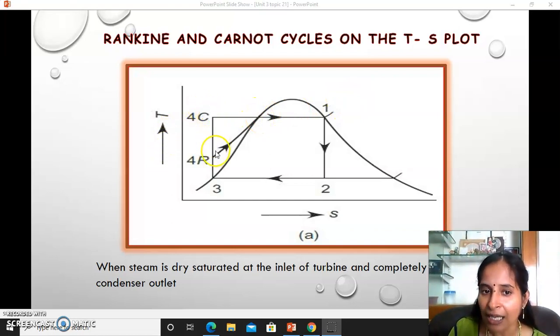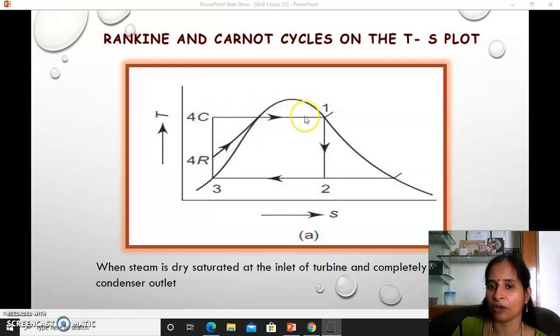Here in the Carnot cycle, since it is a constant temperature, constant pressure line, the amount of heat supply would be lesser, and the amount of steam would be more. Here they differ, while these three processes are the same for both cycles.